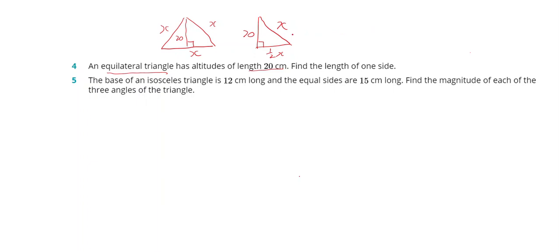Form an equation, because we have 3 sides, you can use Pythagoras. So you go a squared plus b squared equals c squared: 20 squared plus half x squared. Make sure you put a bracket because you're squaring both the half and the x. Equals x squared.